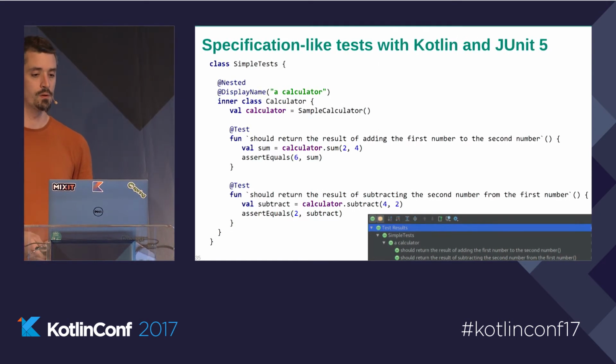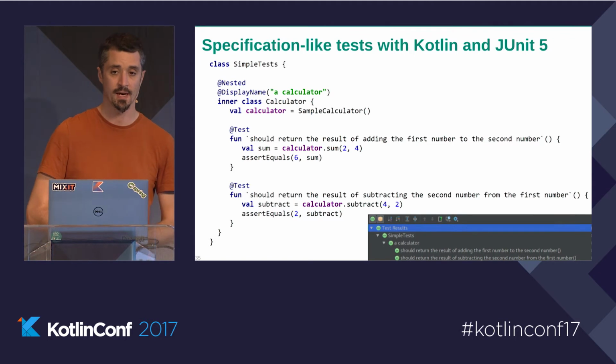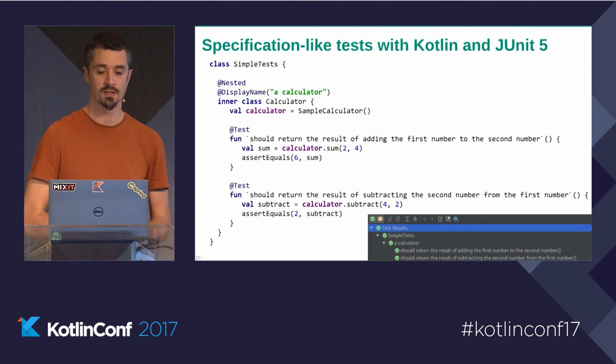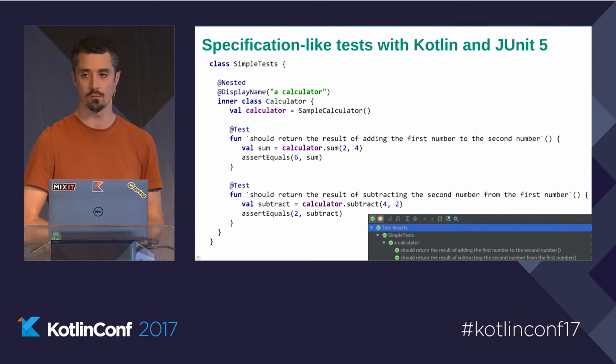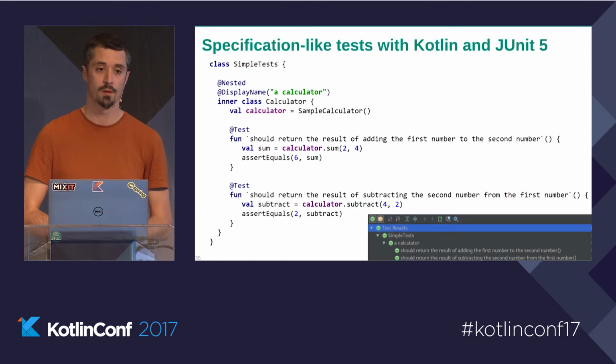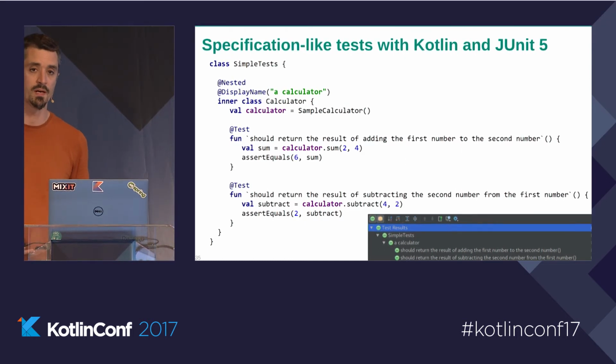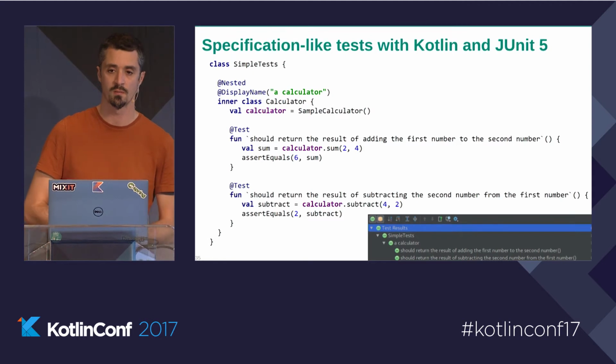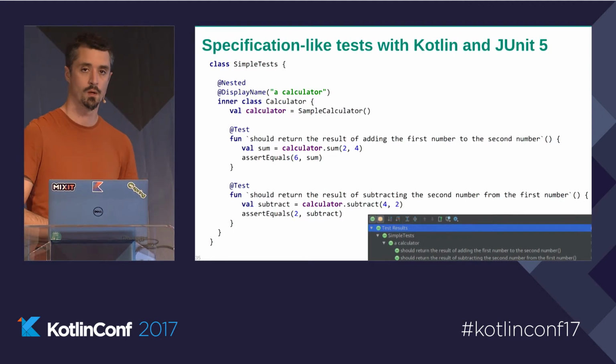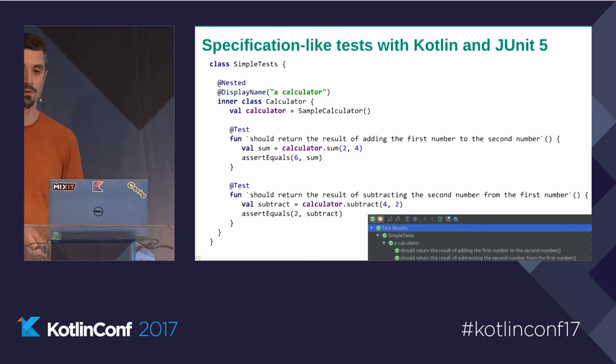JUnit 5 also allows you to write specification-like tests. There are some specification test frameworks like Spek, for example, which is pretty great, but it has, in my opinion, some limitations about tooling support, about integration tests, about support of Spring.